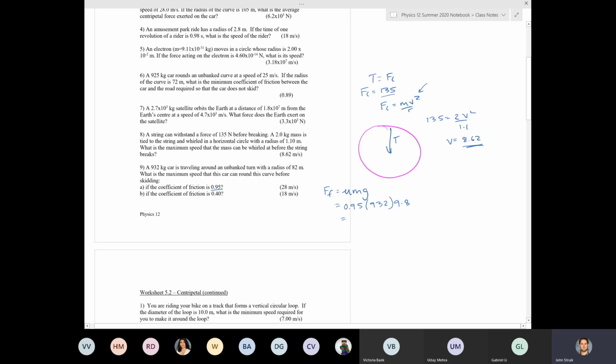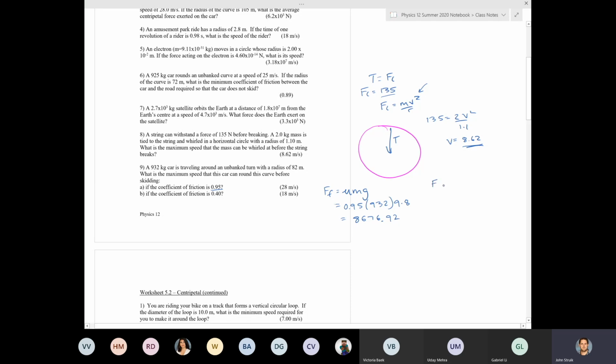0.95 times 932 times 9.8 is 8,676.292. And again, when you have a car going around an unbanked corner, it's the friction that's causing the FC.